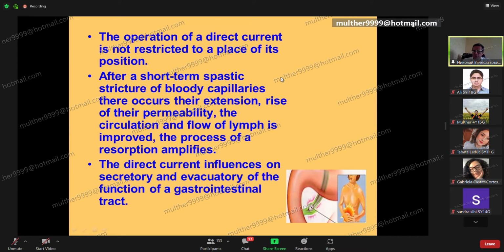After short-term spastic stricture, the first component of the effect, of bloody capillaries, there occurs the extension, the second phase, vasodilation, rise of permeability and improvement of lymph and blood flow, and it also stimulates the process of resorption.